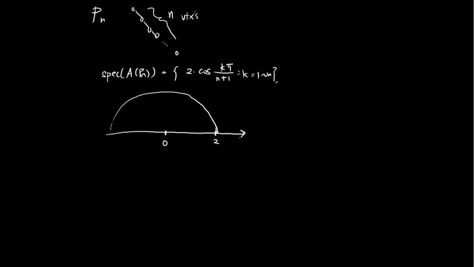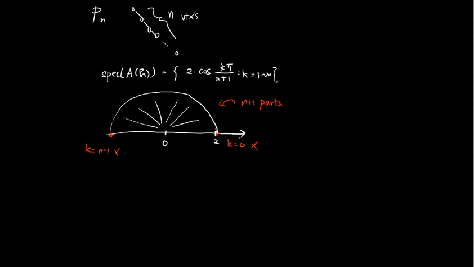Now I partition the pi, partition 180 degrees, into n plus 1 parts. And now this point is k equal to 0, which is not what we wanted. This is k equal to n plus 1.